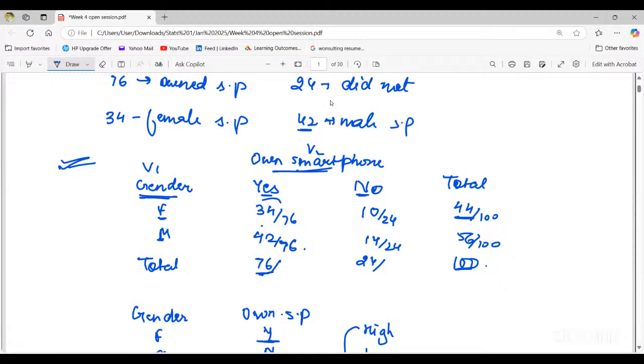So it's clear: if I'm dividing by 44, it's the row total, so it's a row relative frequency. If I'm dividing by 76, it's the column total, so it is a column relative frequency.